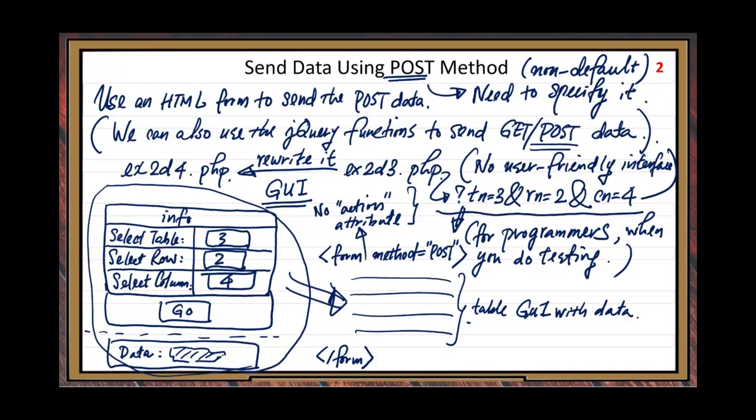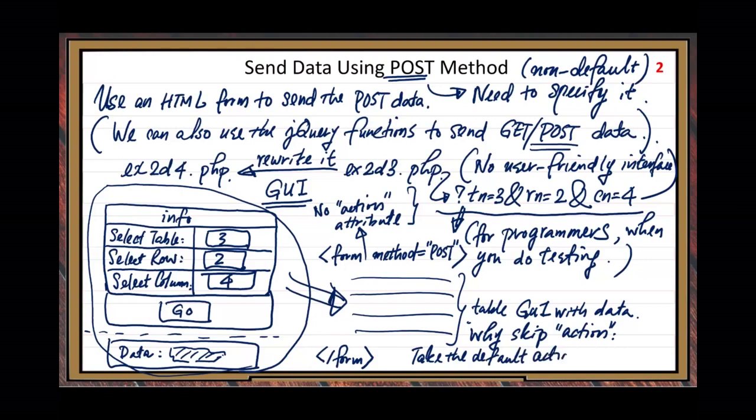Here, let me explain why we skip the action attribute. Because when we skip it, we take the default action.